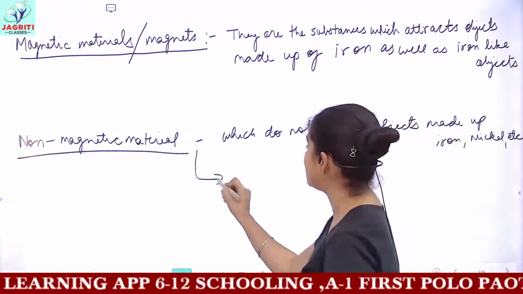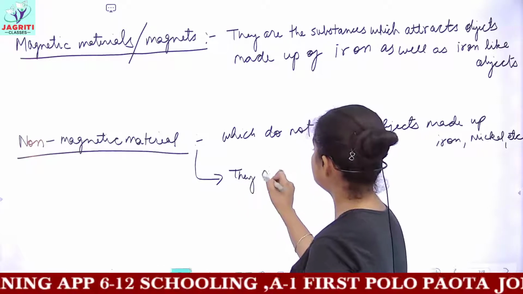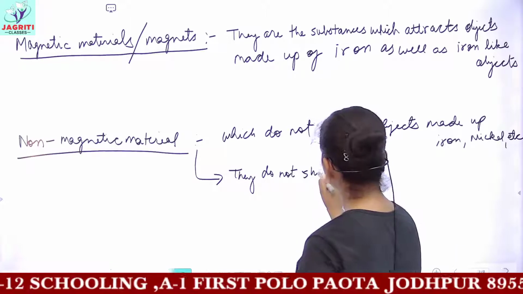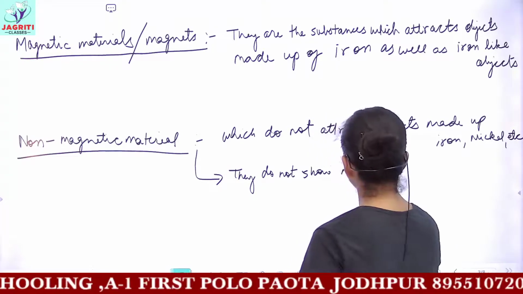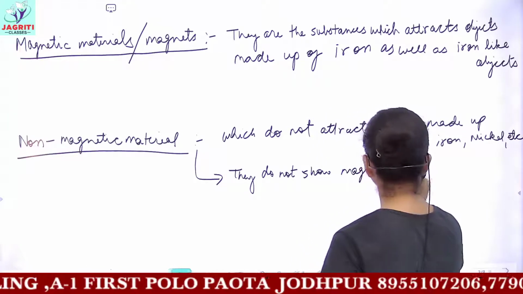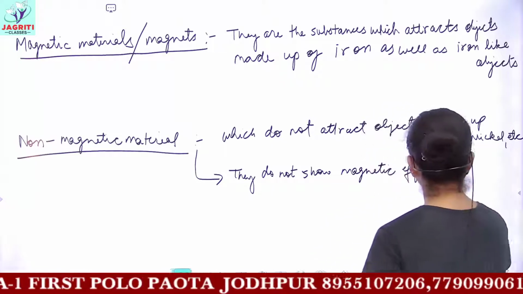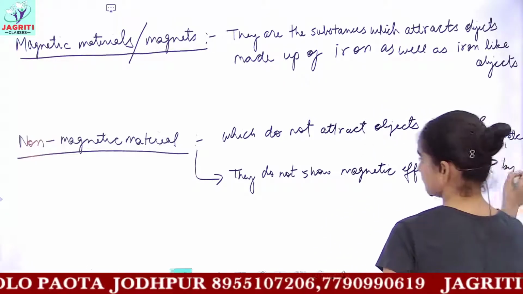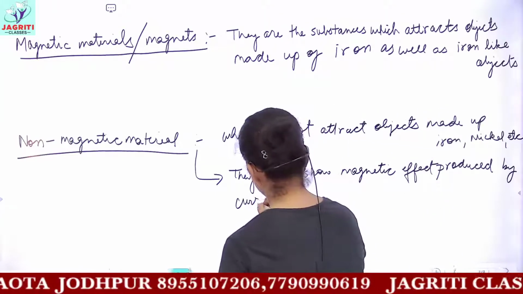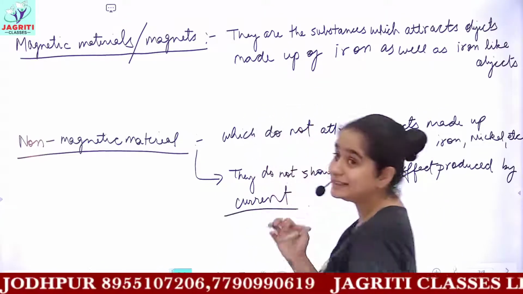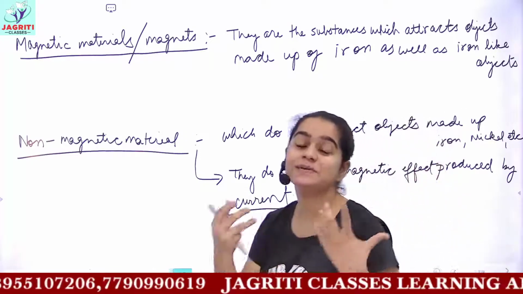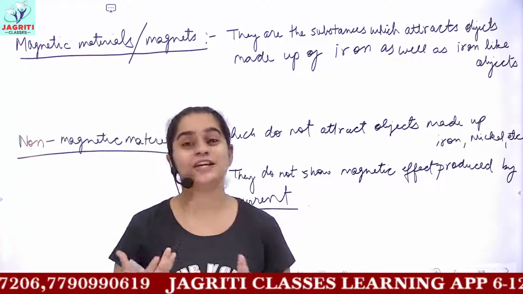You can say that these materials do not show magnetic effects of electric current, because they are not allowing the current to flow through them. So if the current is not flowing, how would the current exhibit its magnetic effect?